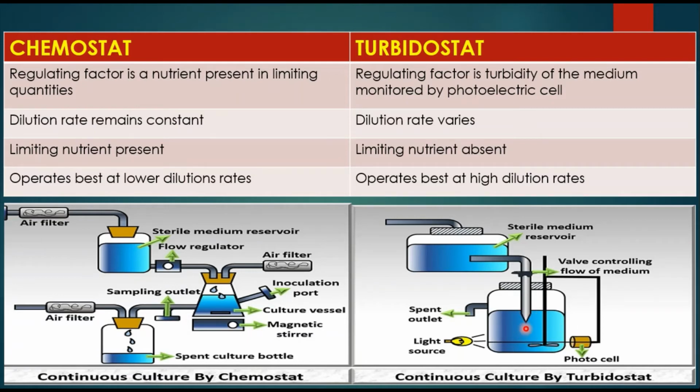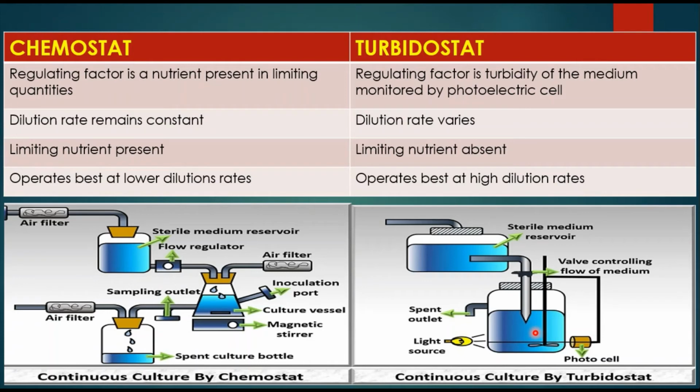This is achieved by monitoring the biomass with this photoelectric cell and feeding the signal to the pump supplying the medium to the culture, such that the valve is switched on if the biomass exceeds the set point, and is switched off if the biomass falls below the set point. So this acts as control of the flow of the sterile medium into the growth chamber.